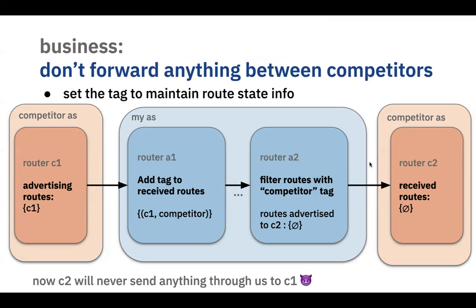And at the edge of our AS, the router will filter out any routes with the competitor tag on it so that any other neighboring ASs will not see this path through us. So in this case, C2 will never send anything through us to C1 because it doesn't know of the route because we filtered it out.